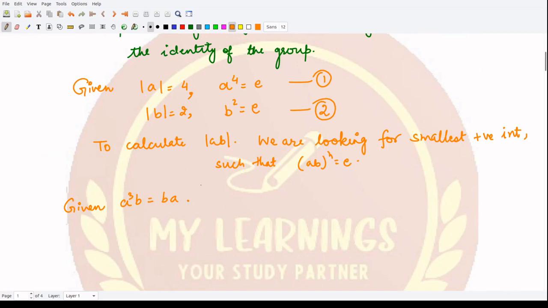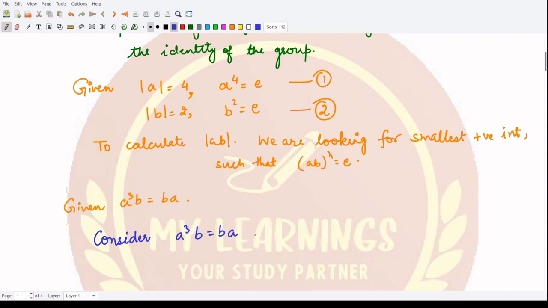Now you have to see how we can make use of this condition to obtain an expression of this kind. It is obvious that we can use this relation whenever we have A raised to power 4 and B raised to power 2. So we consider A cube B is equal to BA.